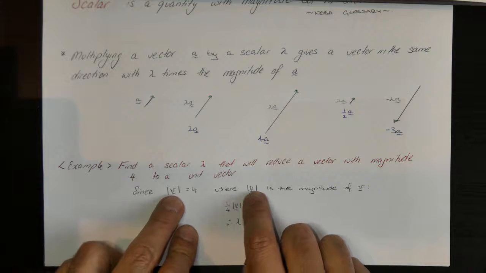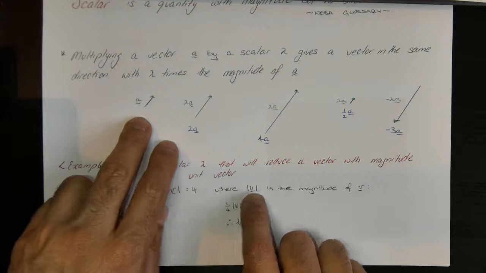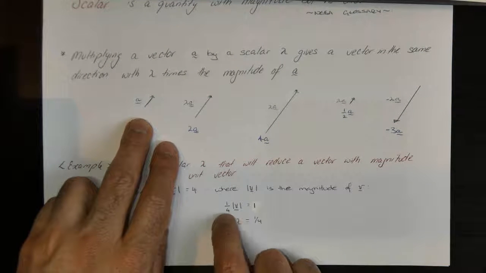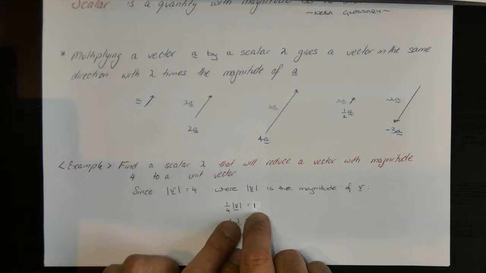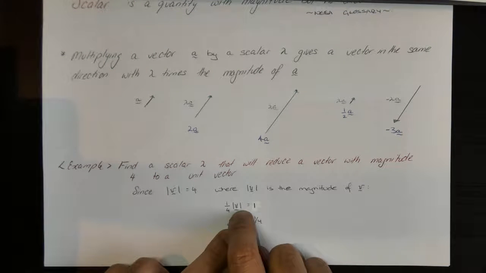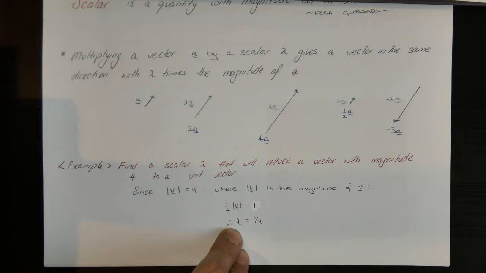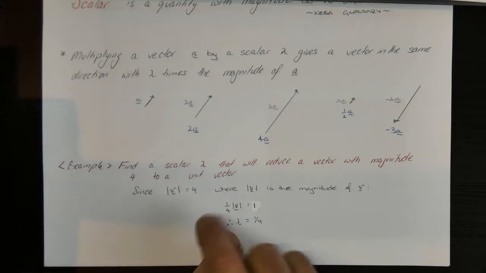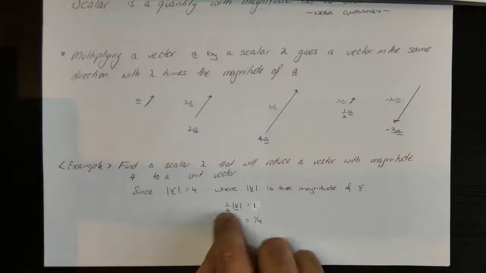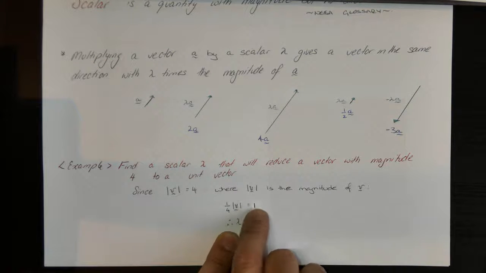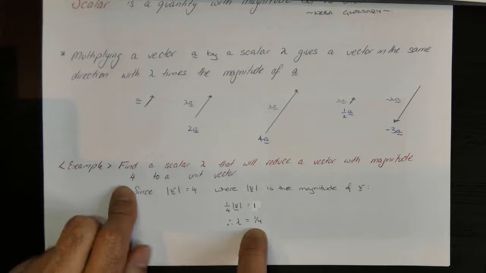Well, my unit vector is going to be a quarter of that. A quarter of that's going to equal 1. Or we could have had lambda mod v equals 1, so lambda times 4 equals 1, and we'll divide by 4 to get lambda is equal to a quarter. So the scalar factor is the reciprocal.